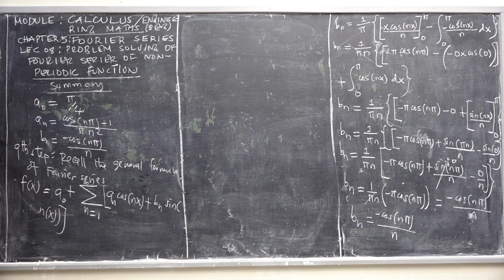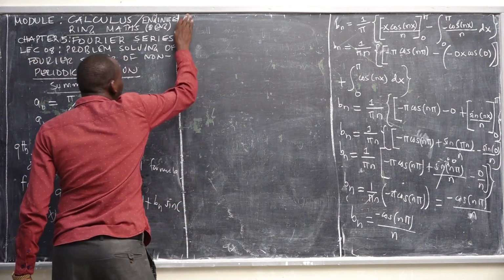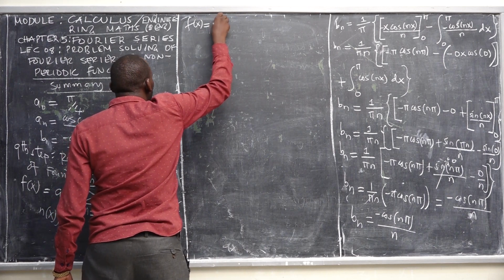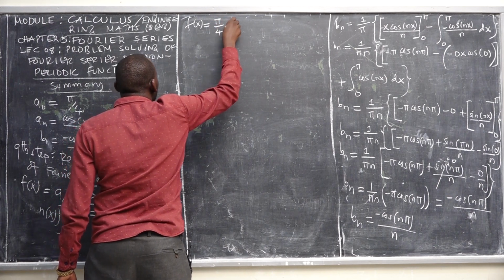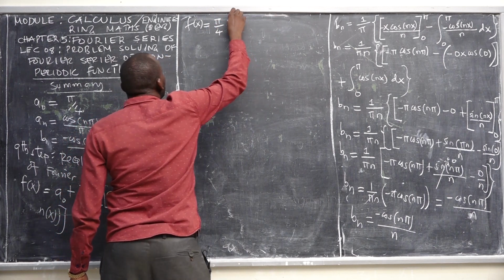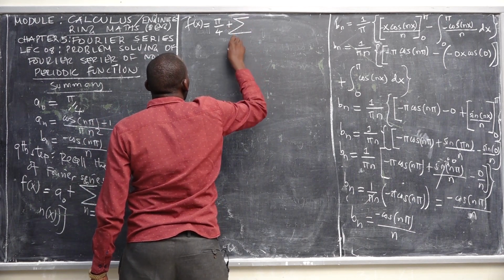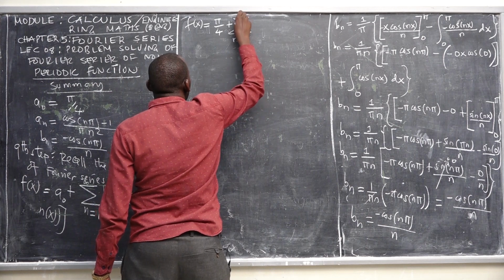Okay? So you can write the Fourier series in terms of sigma notation. A naught is pi over 4 plus sigma notation when n is equal to 1 to n is equal to infinity.